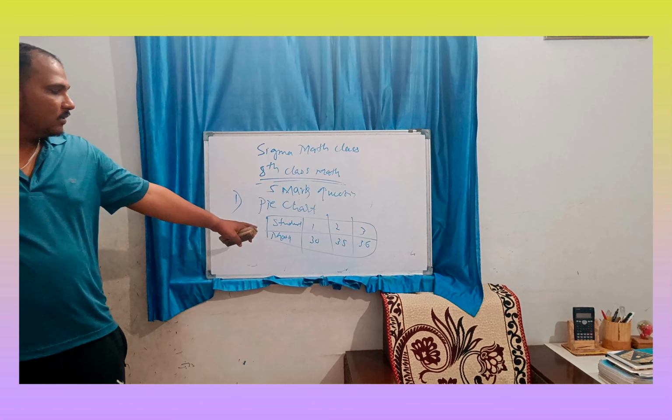Draw the pie chart, and use the pie chart. This type of 5 marks question is asked. One table of students' numbers is given; solve it and you get the answer.